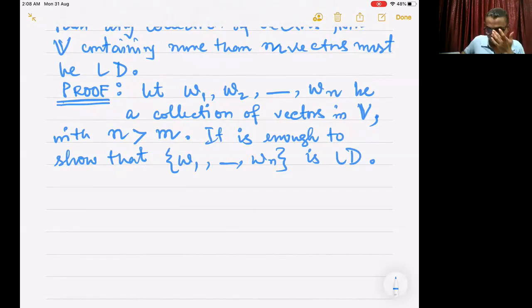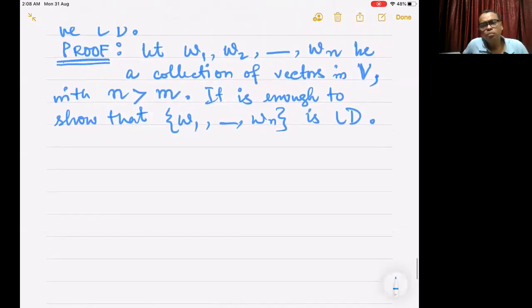Now, okay, so listen, what do we know? We know that w1 up to wn are arbitrary vectors, and v1 up to vm are generators.